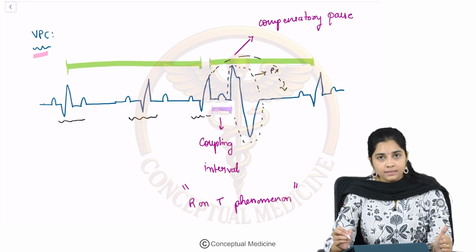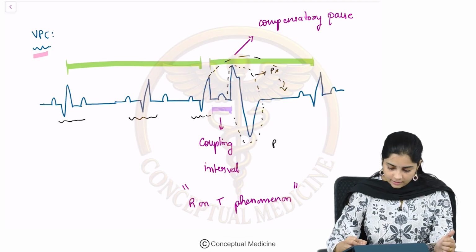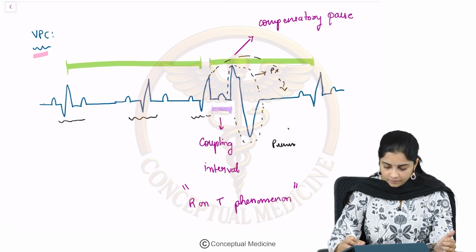So, what is this? This is what we call a PVC or a premature ventricular complex.